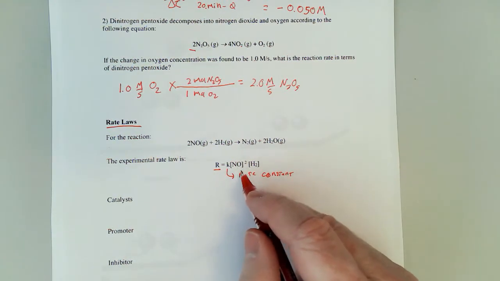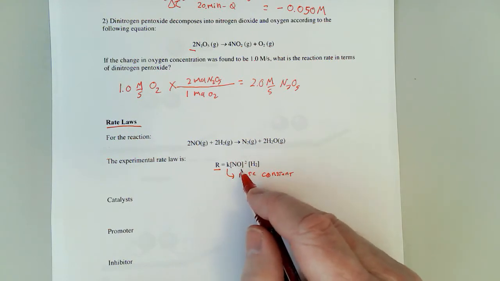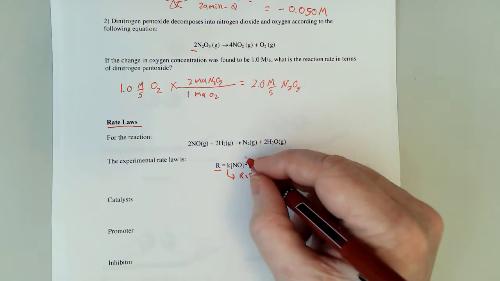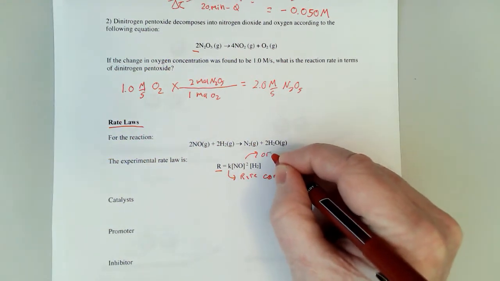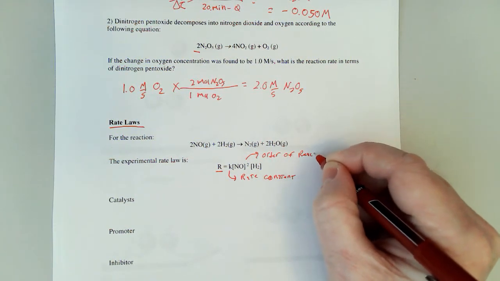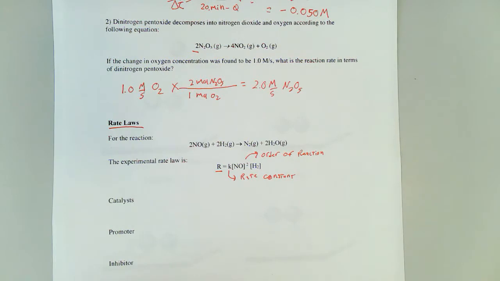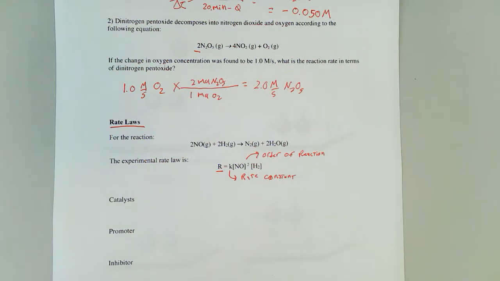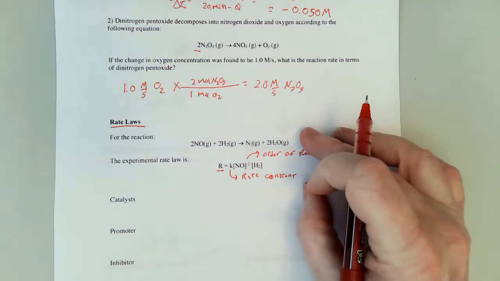So square bracket NO is the molarity of the NO squared, and that number would be determined experimentally. That number is called the order of the reaction. Okay, times the concentration of H2, and that'd be raised to the first. Okay, so that's what a rate law looks like.